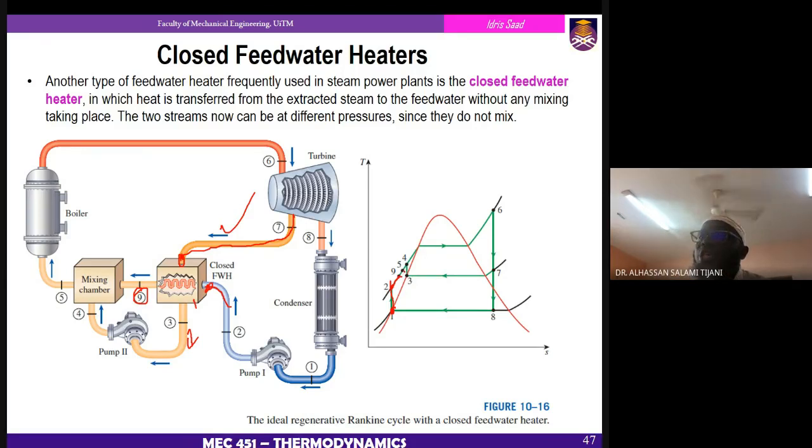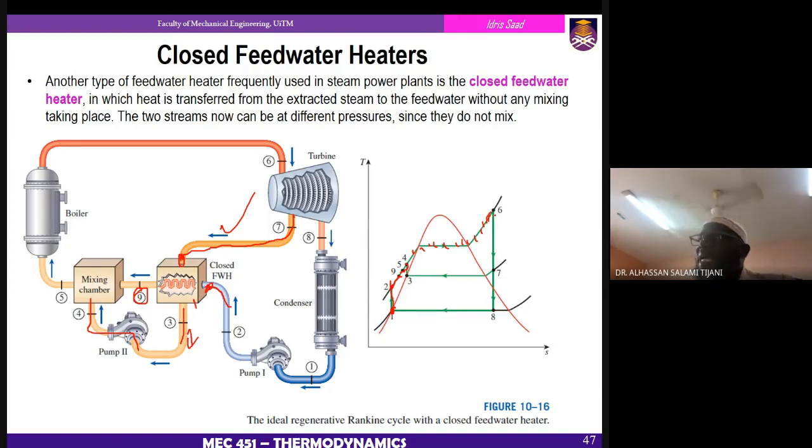And then it continues when it reaches state 7. Then this fluid goes to the pump. And then again, it is mixed at state 5. More temperature increasing. Before eventually, we add more heat to it in the boiler and elevate the temperature to state 6.